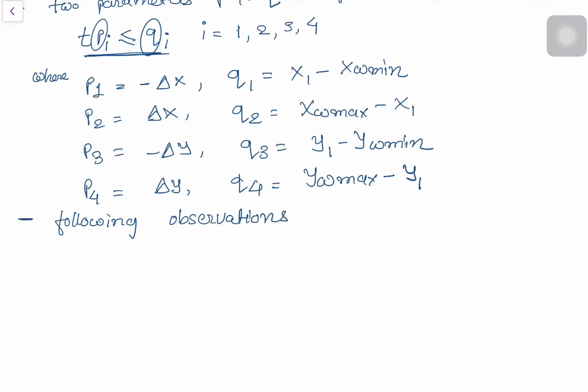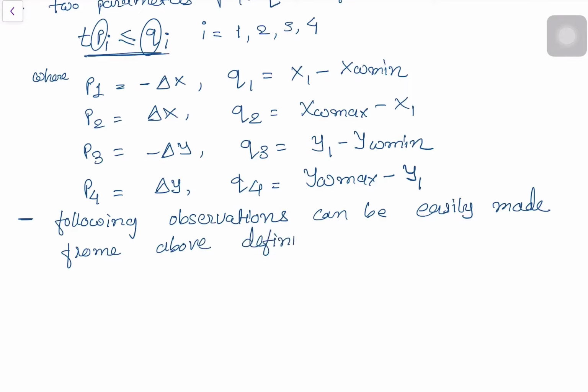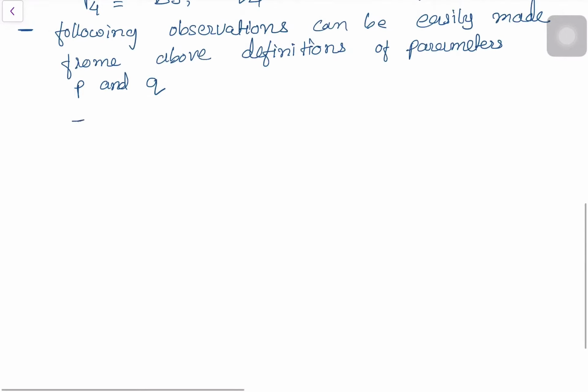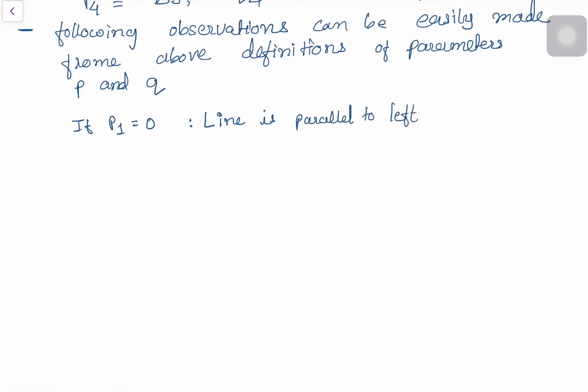If p1 is equal to 0, then the line is parallel to the left clipping boundary.